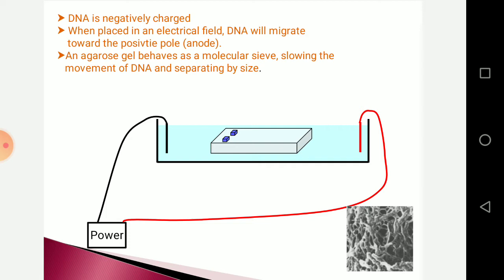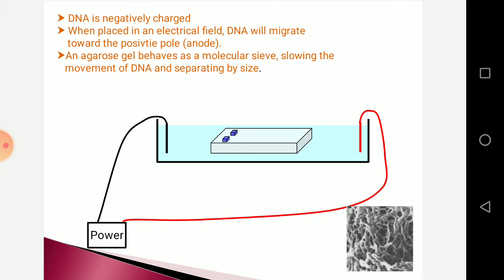Means if we apply an electrical field to the DNA, it will move towards its opposite pole. You must be knowing opposite things attract each other. So since DNA is negatively charged and electrical field is applied, it gets attracted towards positive pole.